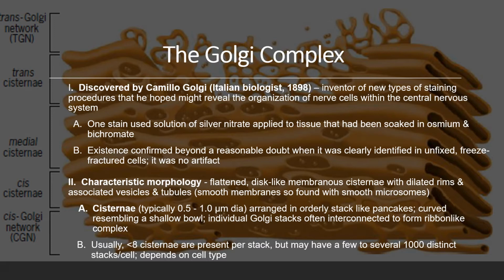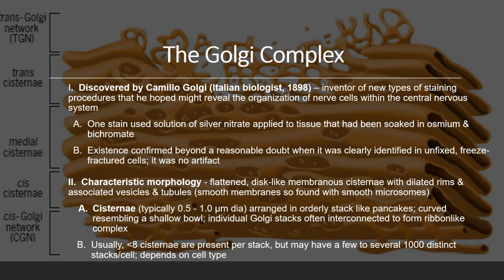The characteristic morphology of the Golgi complex is flattened, disc-like membranous cisternae with dilated rims and associated vesicles and tubules. Smooth membranes are also found with smooth microsomes. The cisternae are typically around 0.5 to 1 micrometer in diameter, arranged in an orderly stack like pancakes.